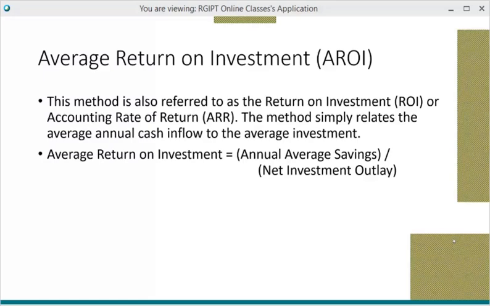So this one is from the same book that I am following. It's Project Economics and Decision Analysis, volume 1.